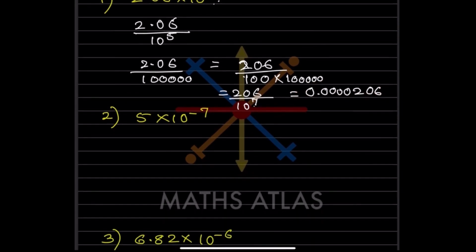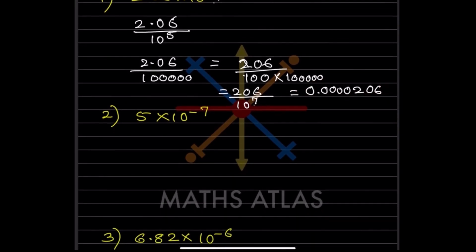Now let us look at the next one. You will write here 5 and you will make the exponent positive, so 10 raised to 7. So this can also be written as 5, and we will write 1 and put 7 zeros, 1, 2, 3, 4, 5, 6, 7. So this can also be written this way. You will write 5, and including this you are going to write 7 here, so there will be 6 zeros, 1, 2, 3, 4, 5, 6.